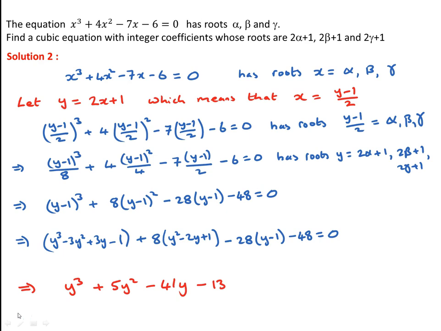So my left-hand side simplifies to y cubed plus 5y squared minus 41y minus 13 equals 0. And that is the equation which has roots y equals 2 alpha plus 1, 2 beta plus 1, 2 gamma plus 1.